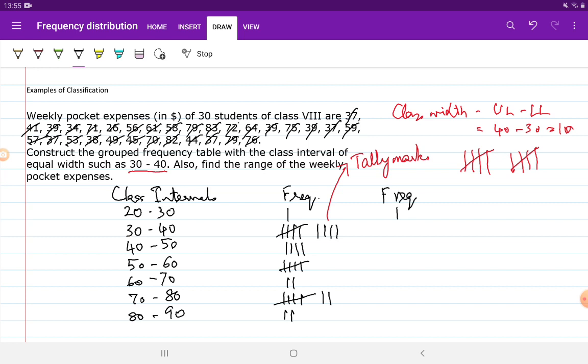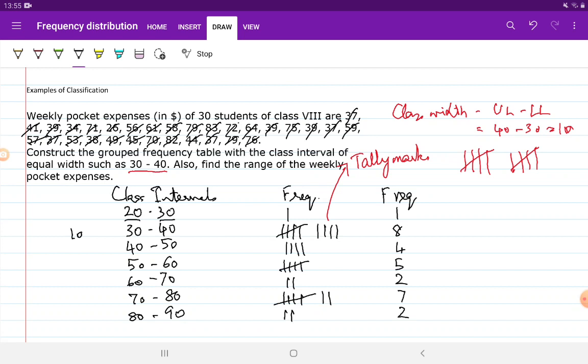So that's 1, 8, 4, 5, 2, 7, 2. So I have successfully tabulated the data that has been given to me. Remember, 20 is the lower limit, 30 is the upper limit. The class width is 30 minus 20, which is equal to 10.